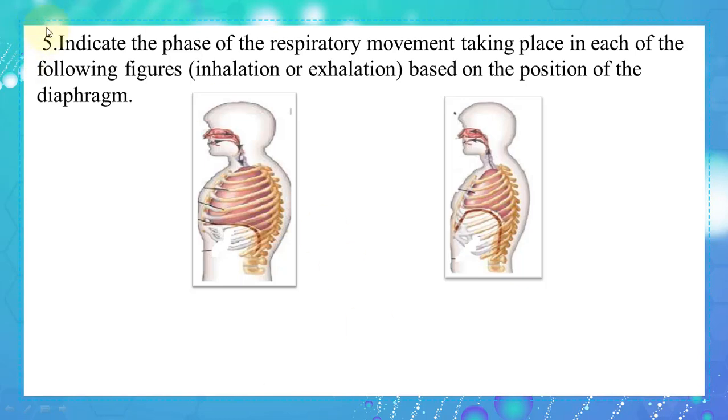Number 5. Indicate the phase of the respiratory movement taking place in each of the following figures, if it is inhalation or exhalation, based on the position of the diaphragm. Those two figures show different positions of the diaphragm.